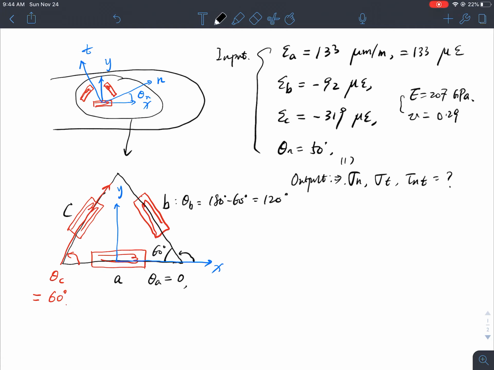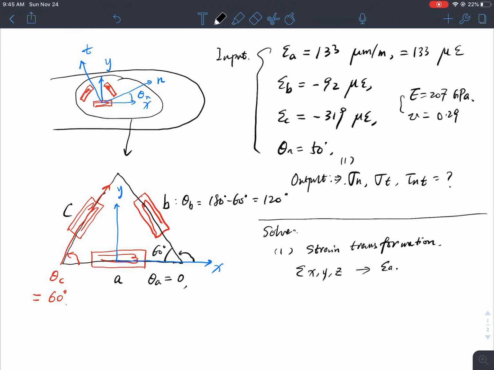So now I have both the input and I'm going to find the output. First things first, step number 1 is I need to find the strain transformation. I need to find out how I can transform the strain from XY to the strain in ABC, or vice versa.